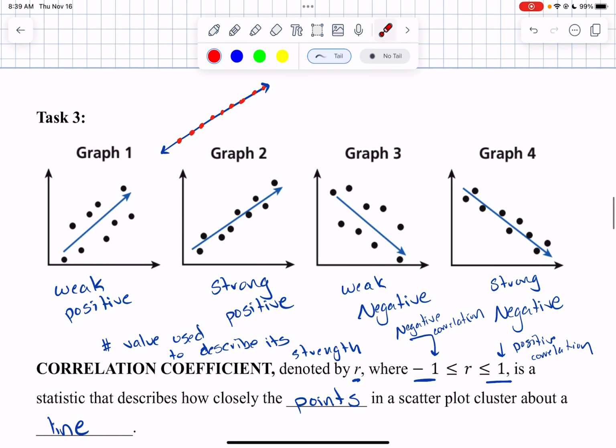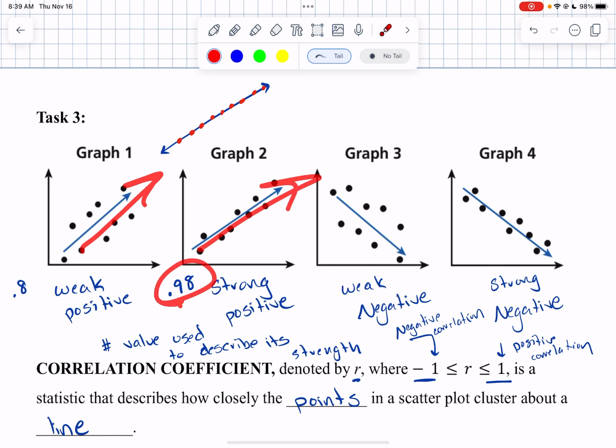So here in my weak one, this might have a correlation coefficient of positive 0.8. Whereas this one with the stronger positive correlation might have one of 0.98. They're both positive because it's positive correlation. And this one is closer to 1 than this one is, which tells me it's stronger.